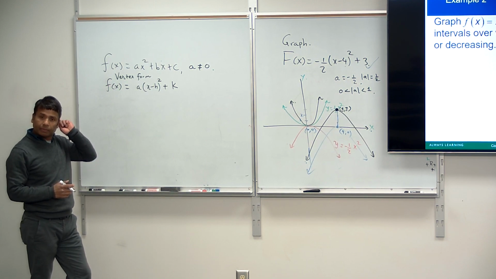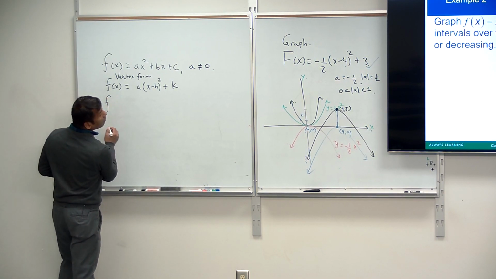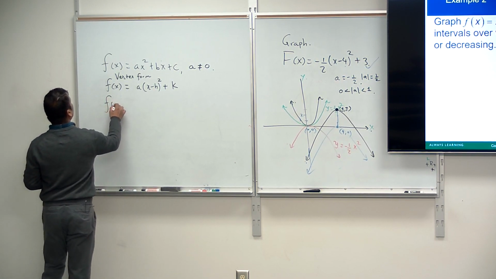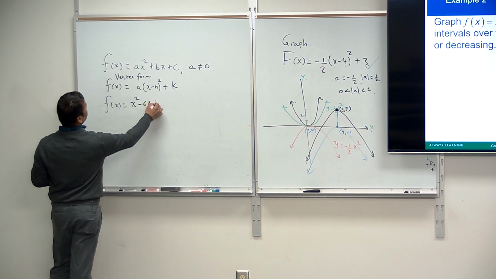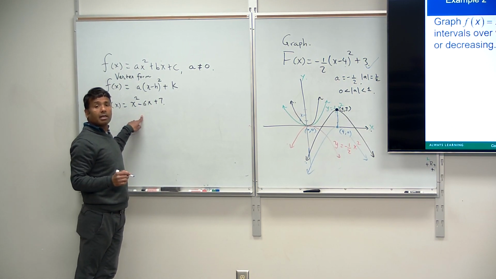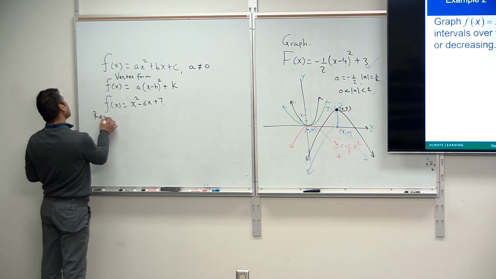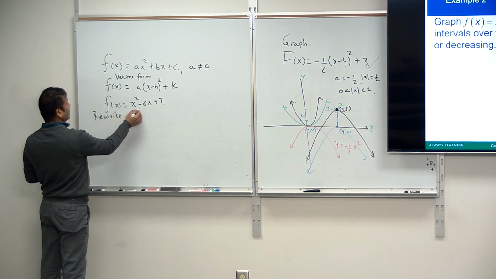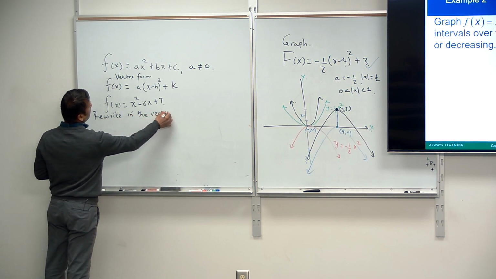Okay? So now, what do you have here? We have a function f(x) equal to x squared minus 6x plus 7. I want to rewrite this in vertex form.